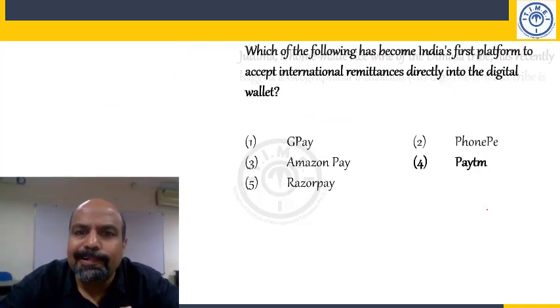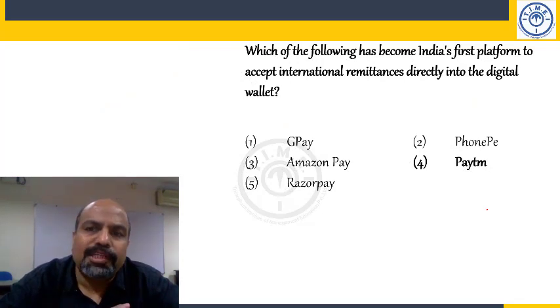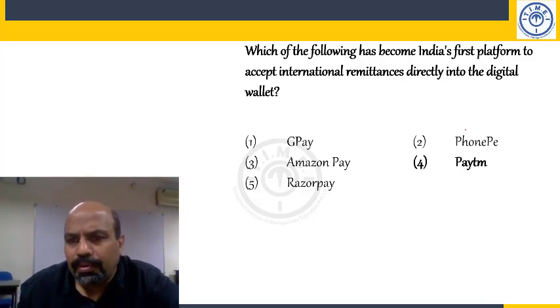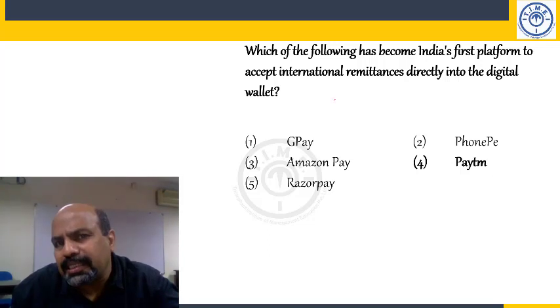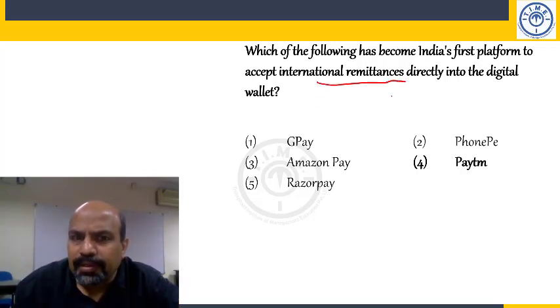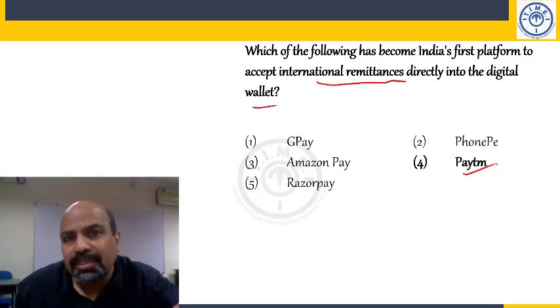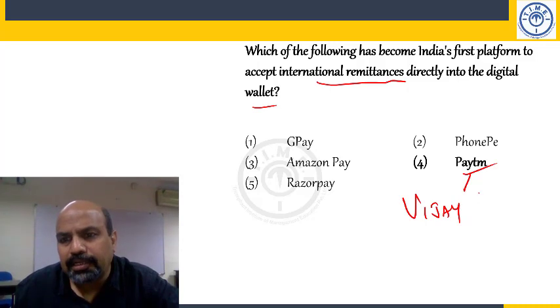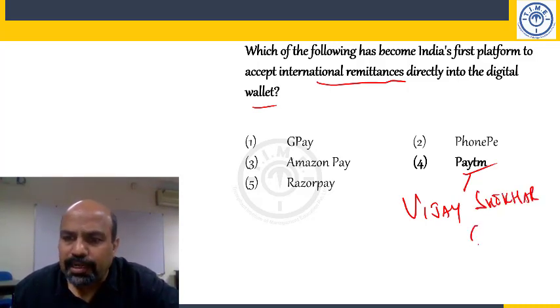Next. Which of the following has become India's first platform to accept international remittances directly into the digital wallet? Paytm. So your cousin from America can send money directly into your Paytm wallet. Vijay Shekhar Sharma is the CEO and chairman who founded Paytm.